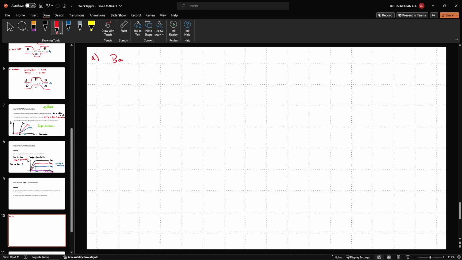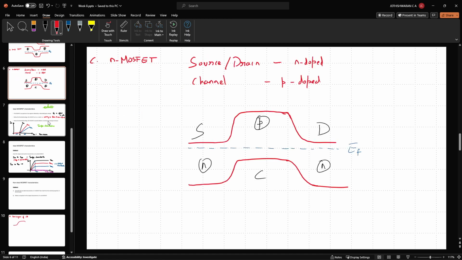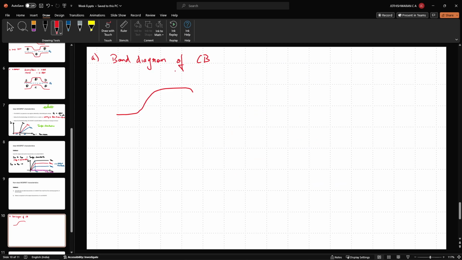So, band diagram of the conduction band. It is going to look, for an N channel as we saw over here, like this. That's essentially what I'm going to reproduce here. It's going to be like this.